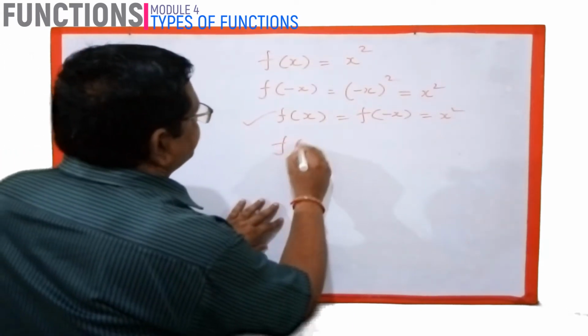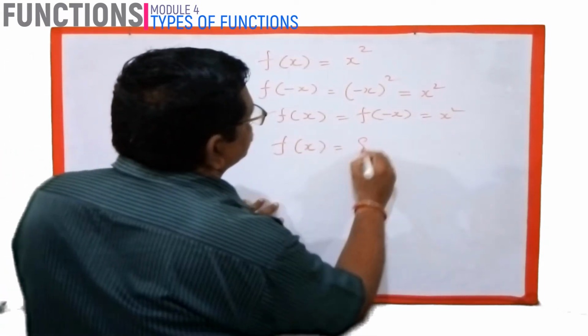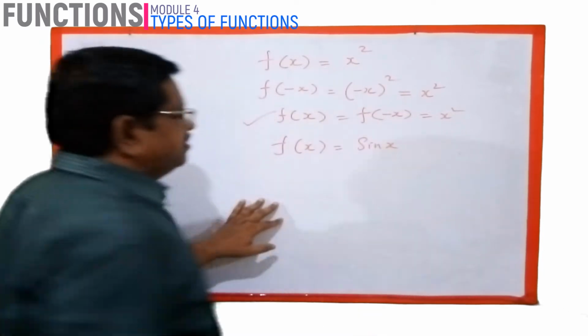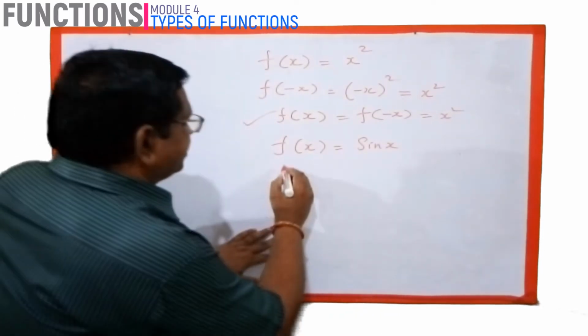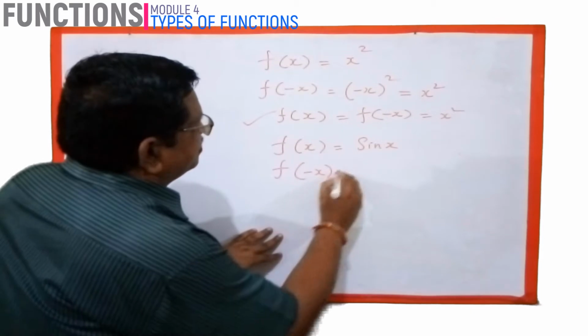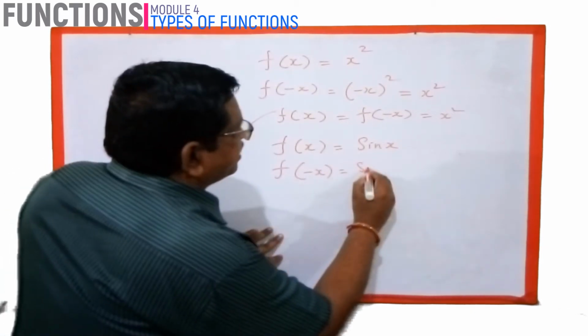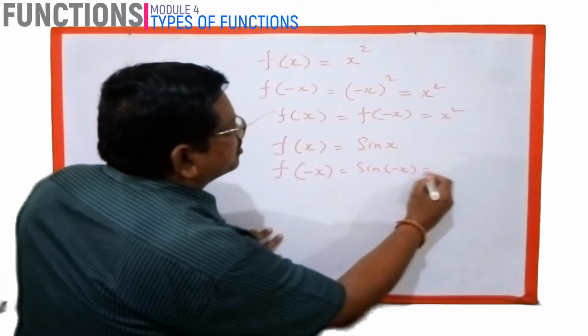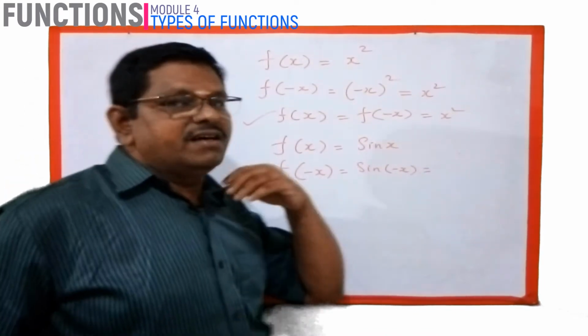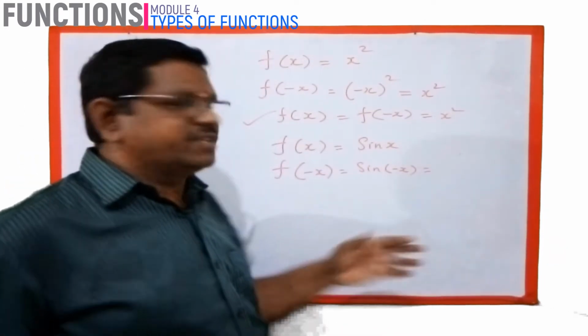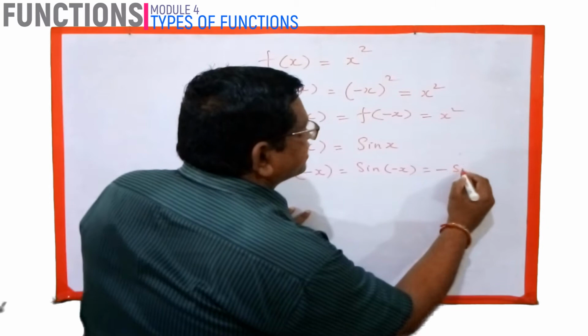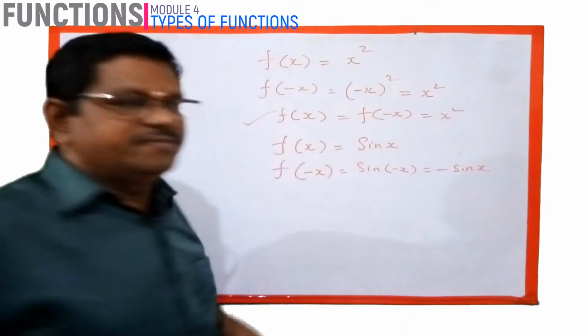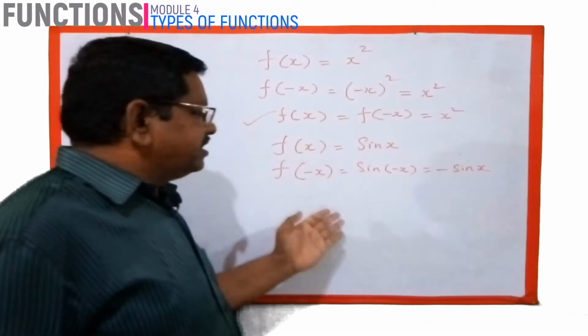f of x is equal to sin x. Now we take f of minus x. What may happen? Sin of minus x. You know very well that sin will vomit that minus outside, so it will be minus sin x. Now check it.